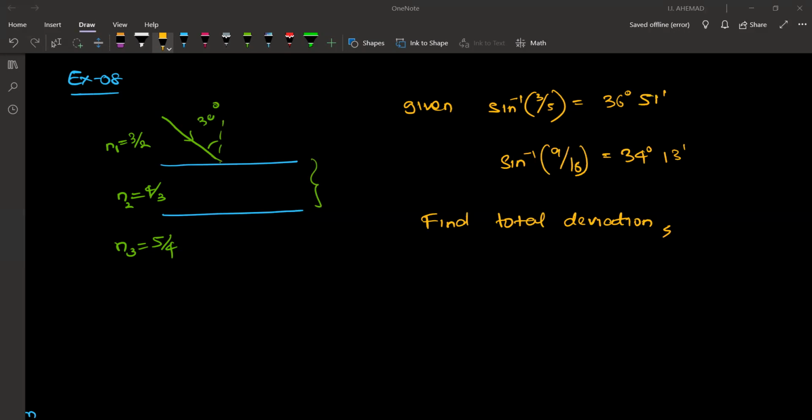Okay, first tell me what would happen in this first medium, between these two interfaces. In the first interface, does it get bent towards normal or away from normal?